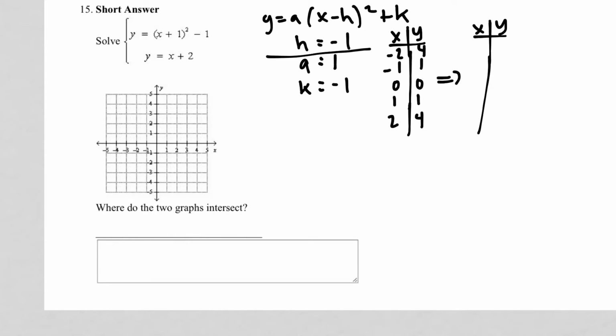Remember, h affects the x values, a and k affect the y values. Okay, so h says -1. That means to all the x values, I'm going to subtract 1. So what I'm going to get is -3, -2, -1, 0, and 1. I subtracted 1 from each of them.